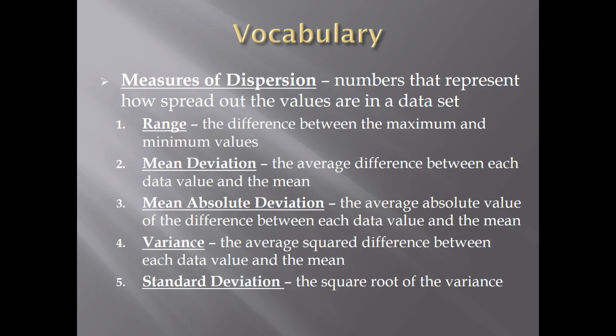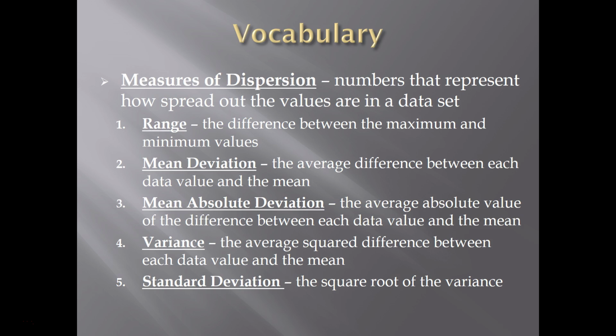Measures of central tendency, the mean, median, and mode, measure where the center of the data is. That's why they're called measures of central tendency. These that we're about to learn about are called measures of dispersion, because instead of measuring where the center of the data is, these measure how the data is spread out from each other. How are they dispersed? Alright, so let's talk about the first one.